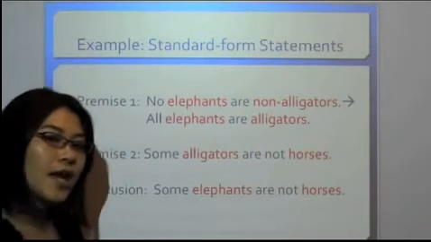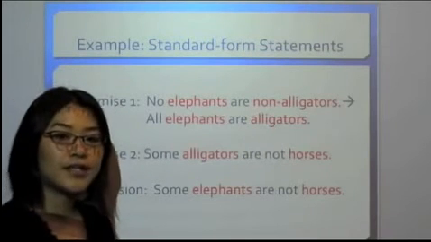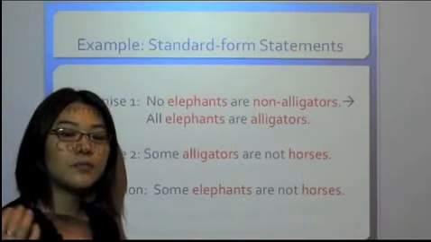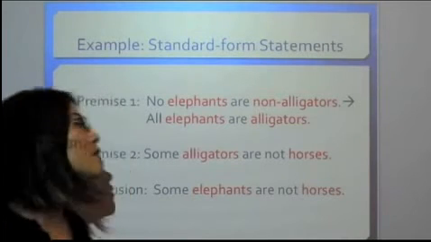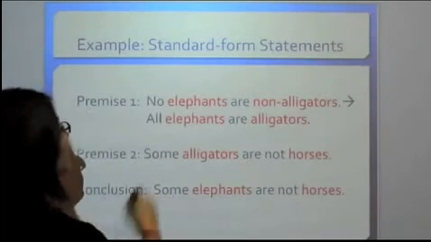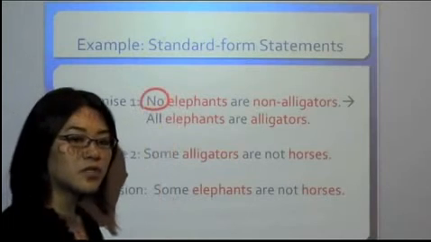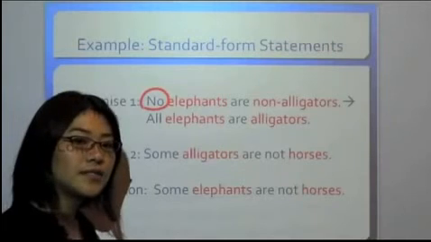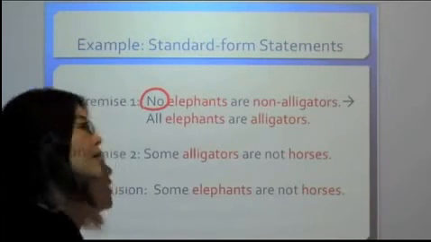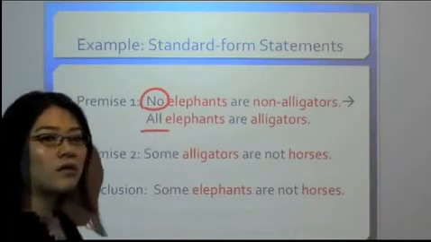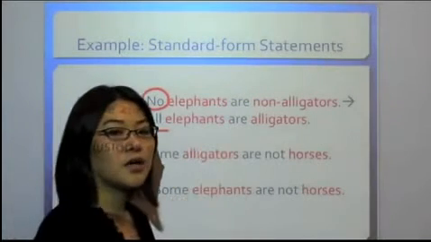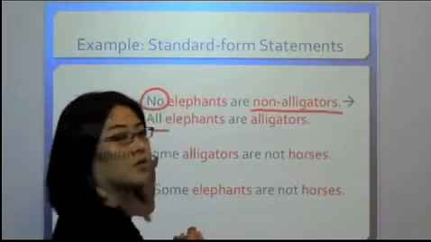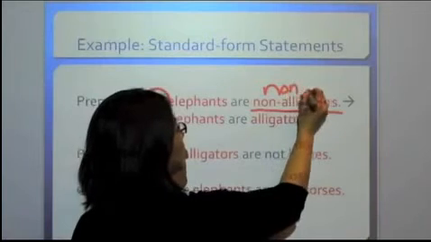Now remember, obversion has two rules, right? You want to change the quality without changing the quantity, and then you want to replace the predicate term with its term complement. Okay, so here we have a negative statement that's a universal, which is indicated by the no quantifier. And we want to change the quality of the statement without changing the quantity, so we go from no to all. Okay, then we want to replace the predicate term with its term complement. So in this case, the predicate term is non-M.